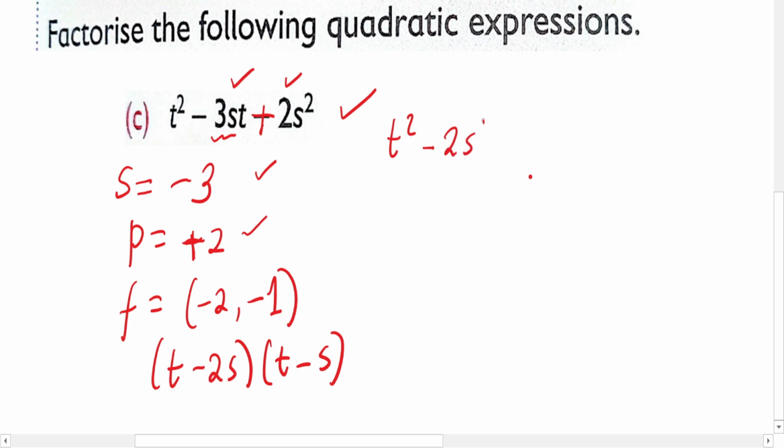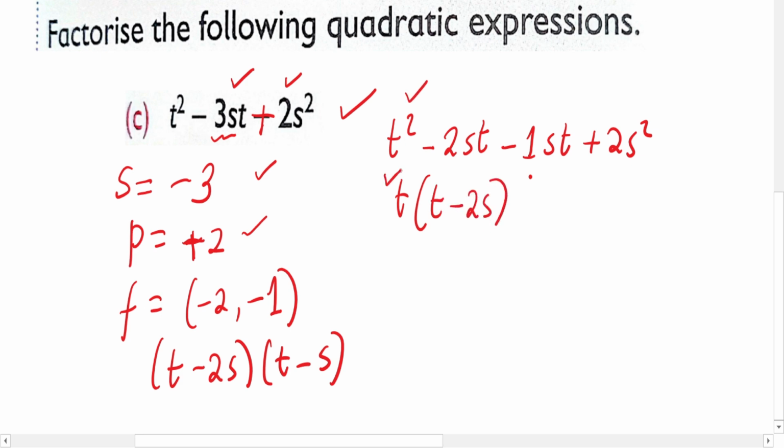Now the longest way, obviously, you're doing t squared minus 3st, which is subdivided into minus 2st and minus 1st, then plus 2s squared. If you factorize this, the common factor is t, so you're going to write t minus 2s, because if you take this divided by this, you're going to get t, and if you take this divided by this, you're just left with 2s.